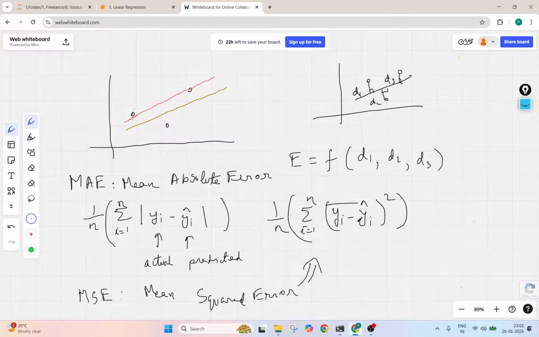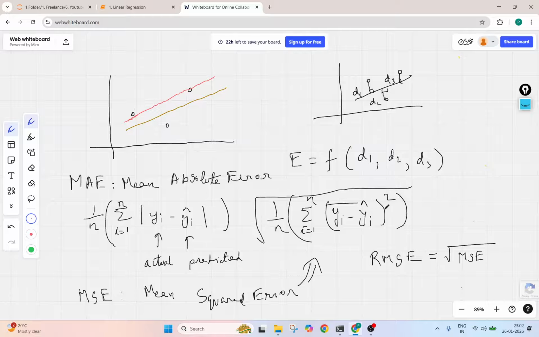Now to get over it, we came up with another metric, the root mean squared error, which is nothing but the square root of mean squared error. So everything is the same, just square rooted. Now how is this useful? This penalizes larger errors heavily, but less obviously compared to mean squared error.